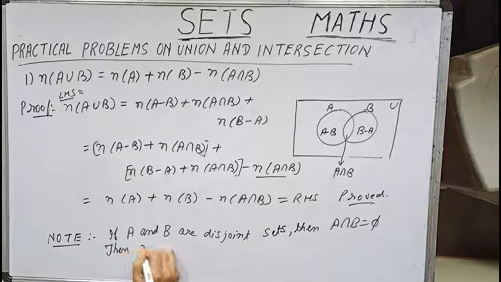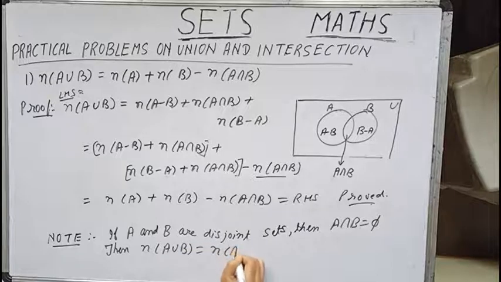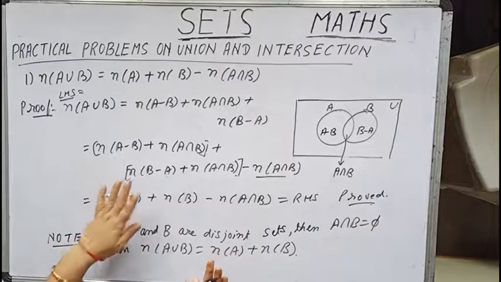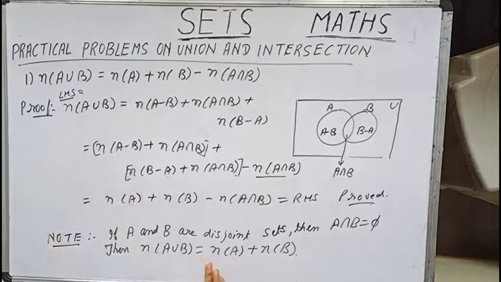Then n of A union B equals to n(A) plus n(B). I think it's quite clear. Now let us prove this formula for 3 sets.